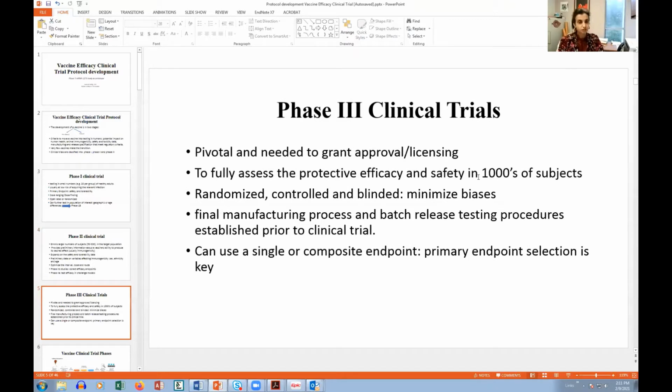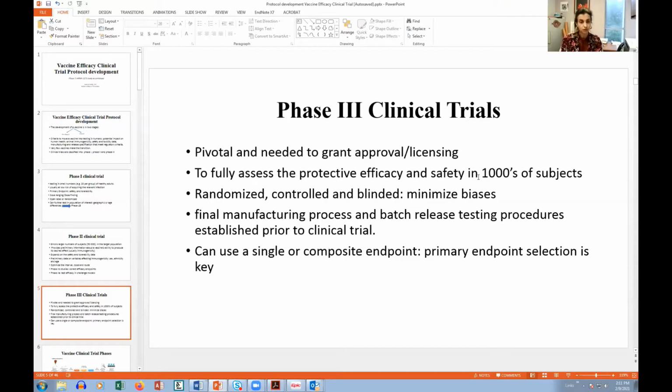Which brings us to the phase 3 clinical trials. These are usually the pivotal trials that are needed to grant approval and licensing of a particular product against a specific indication. It usually assesses the protective efficacy and safety in thousands of people.